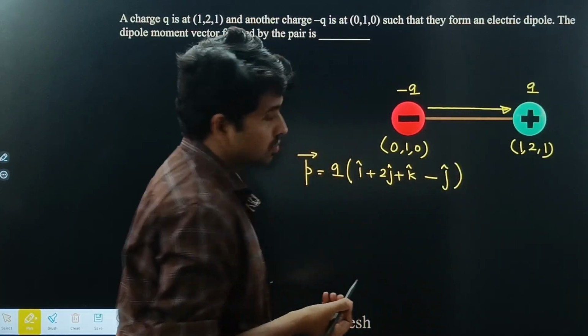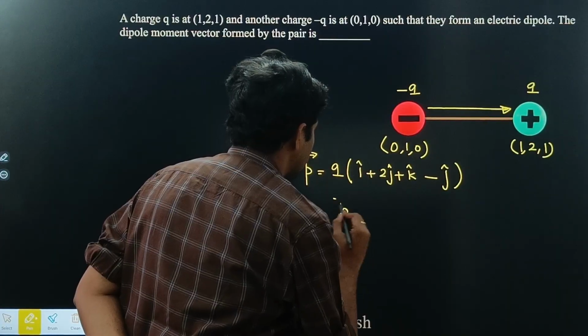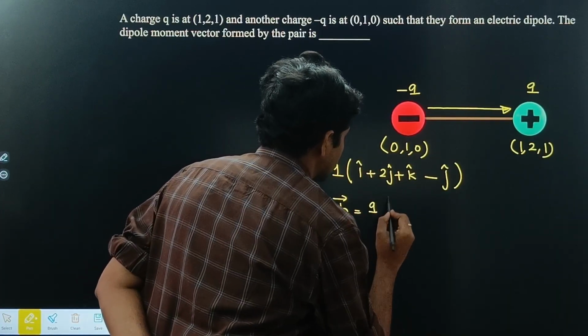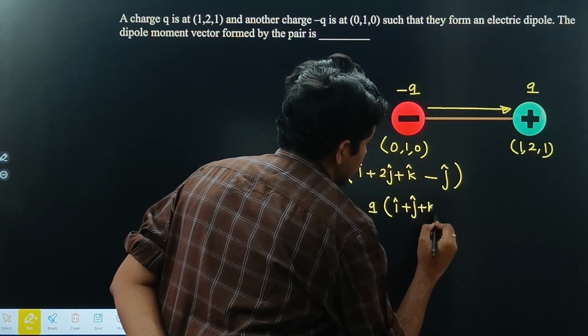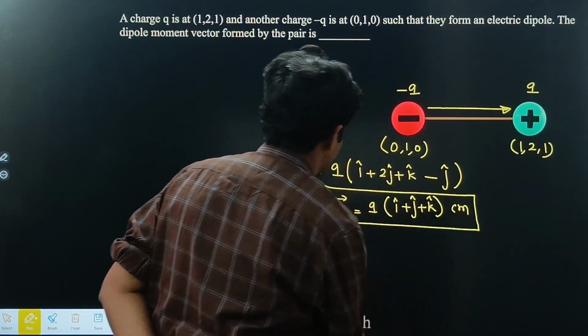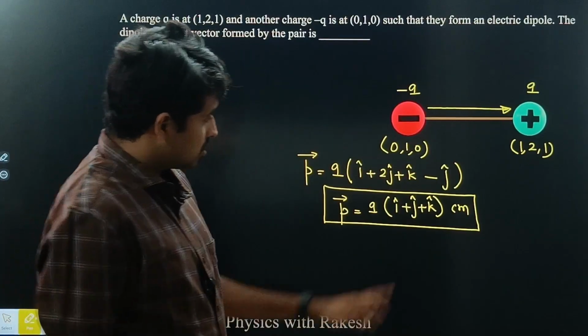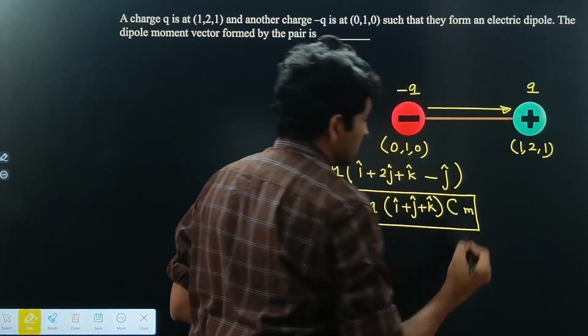That's it. So directly, P bar equals Q times I cap plus j cap plus k cap coulomb meter. This is coulomb meter. You might think of it as centimeter. I'll write C big and M small.